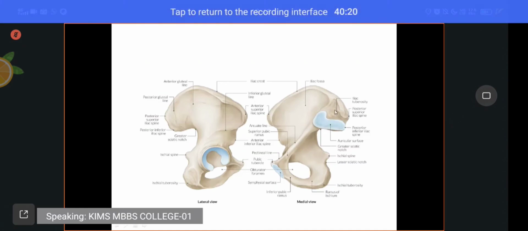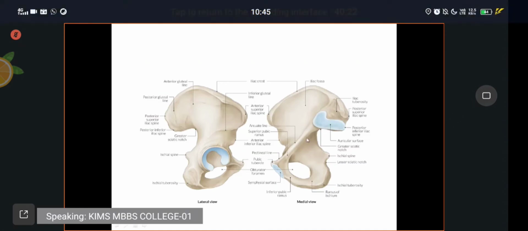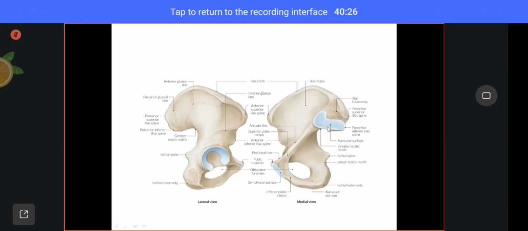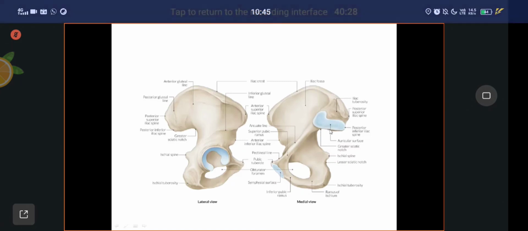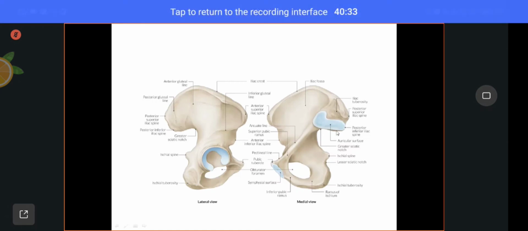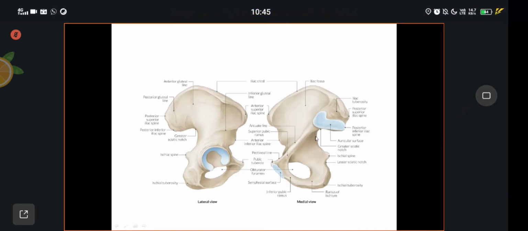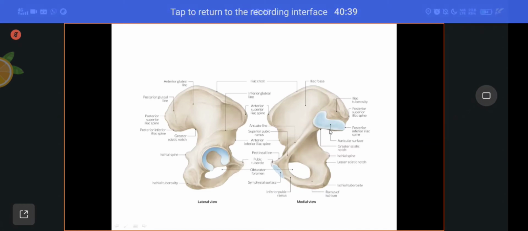Right. And then the pelvic surface. In front of the auricle, there is what? This is the preauricular surface. The preauricular surface gives attachment to the ventral sacroiliac ligaments.